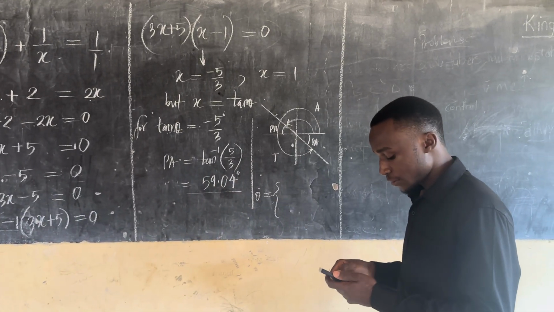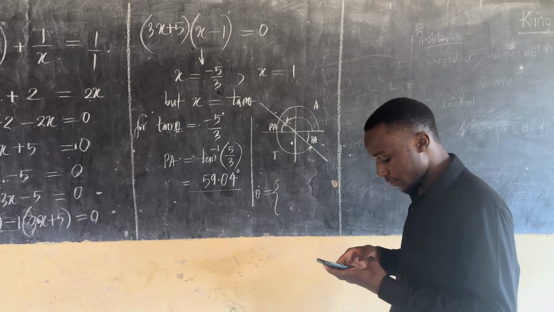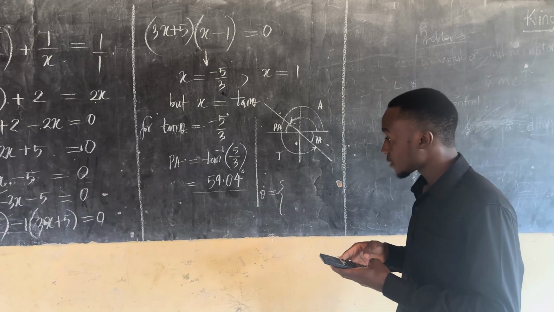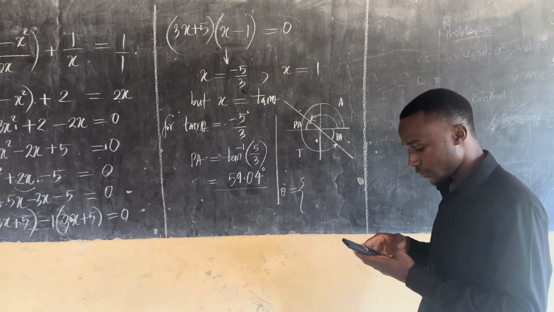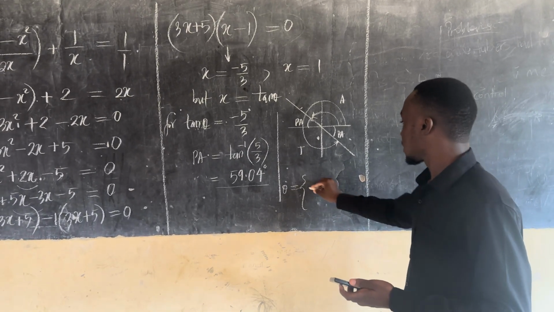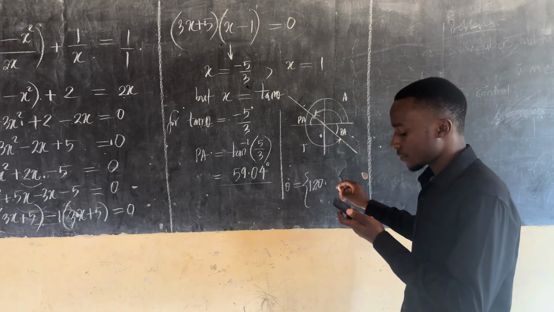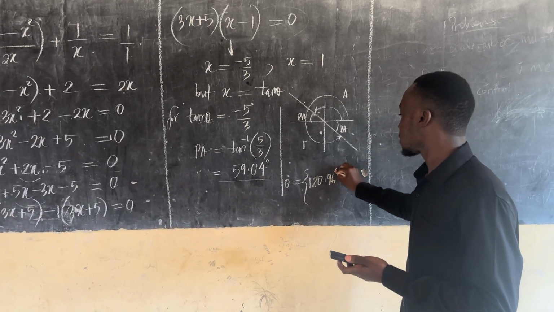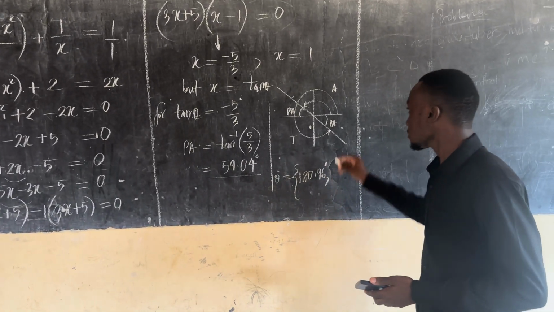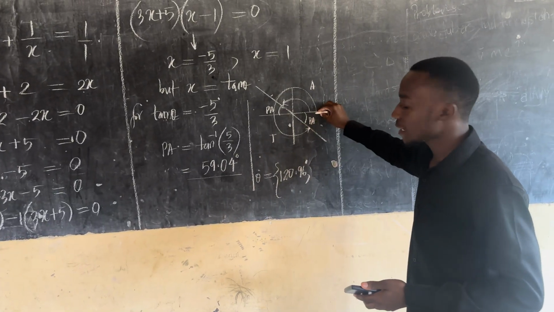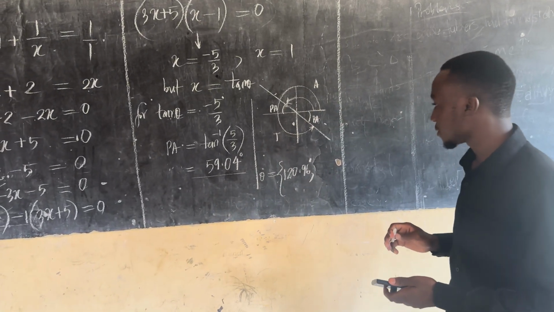So you can get 180 and take off 59.04. So we get 120.96 degrees, comma. The other one would be 360, but the principal angle is off.